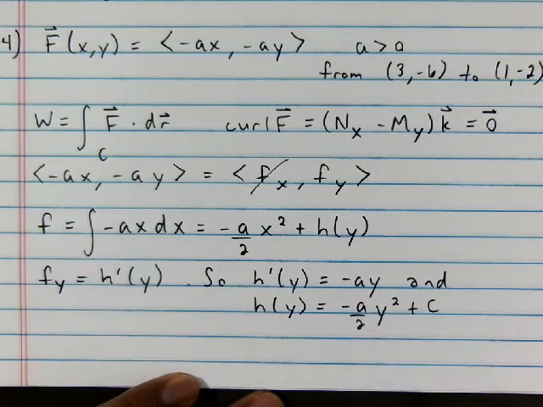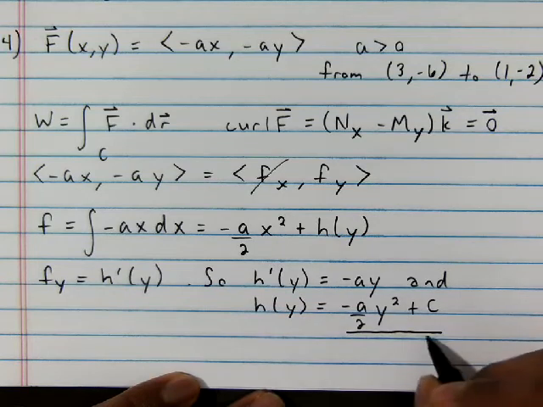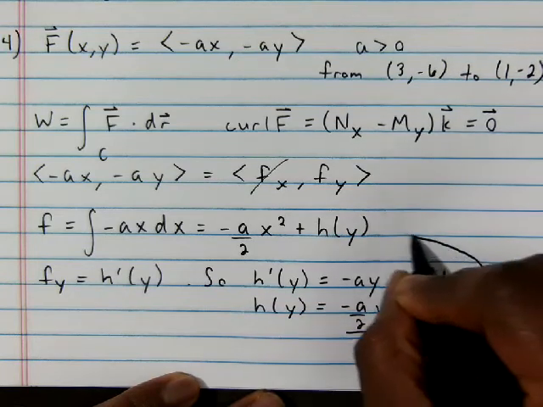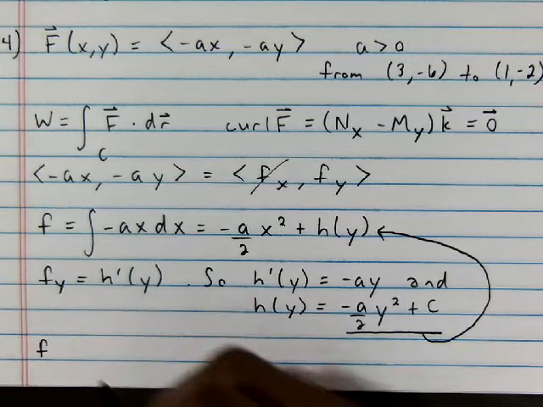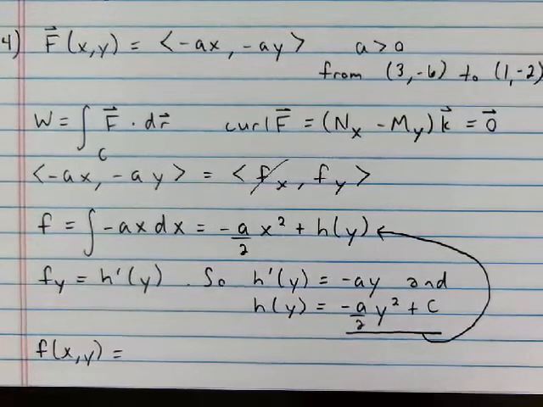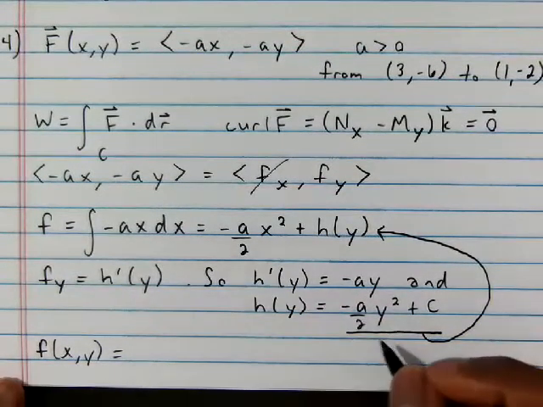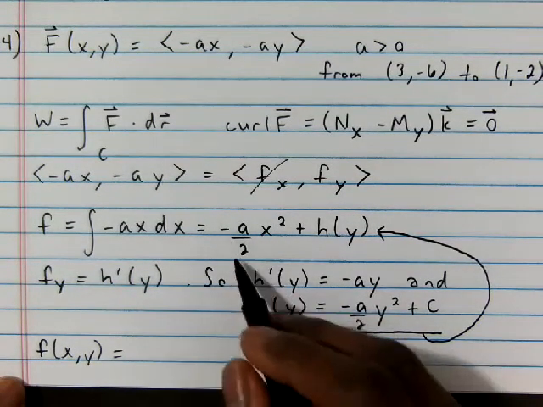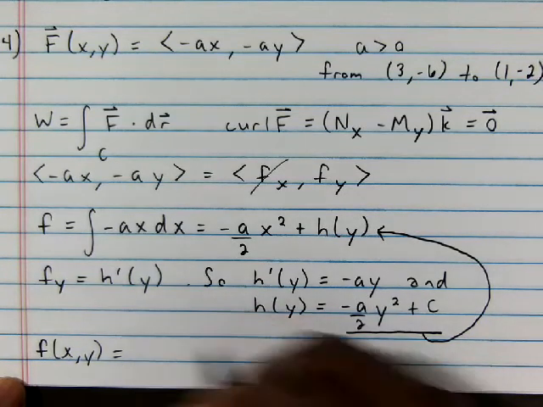So now we take this and we put it in right there, and now we have our function f. So f of x, y equals negative a over 2 x squared minus a over 2 y squared, and then plus c.